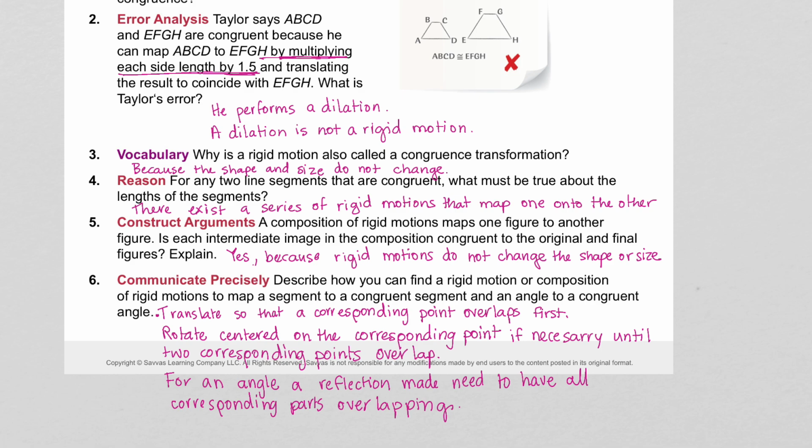And then you want to rotate the shape centered on that corresponding point to get another point to overlap. Now for the line segment, this is going to be enough. But for the angle, you might have to perform a reflection using the line segment that's already overlapping as your line of reflection.